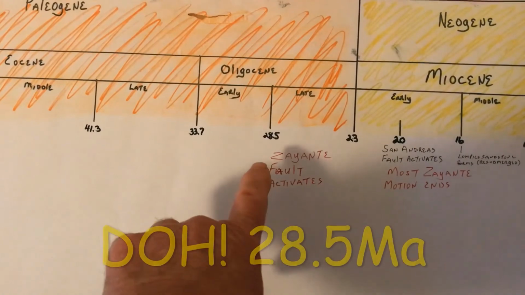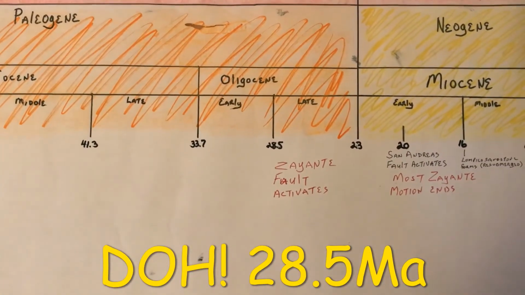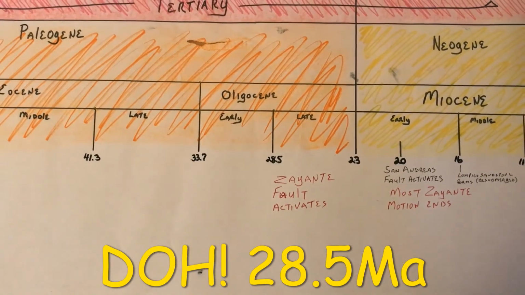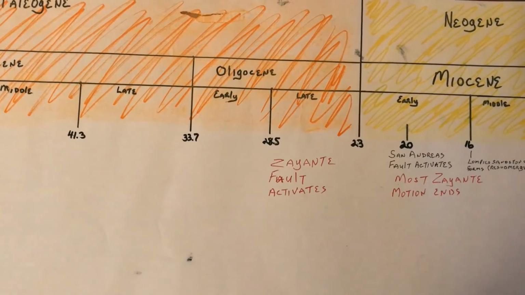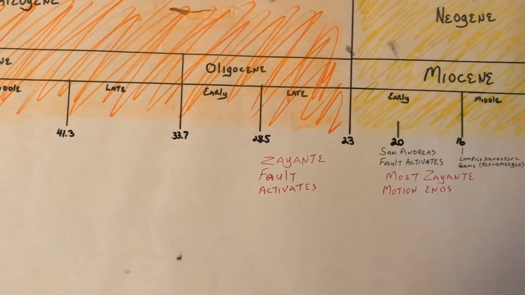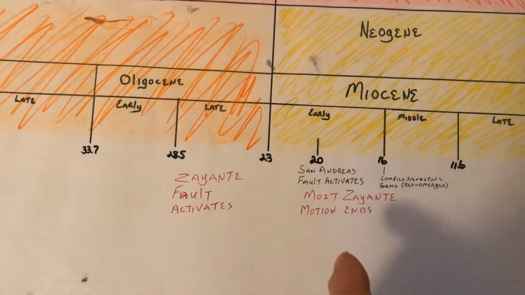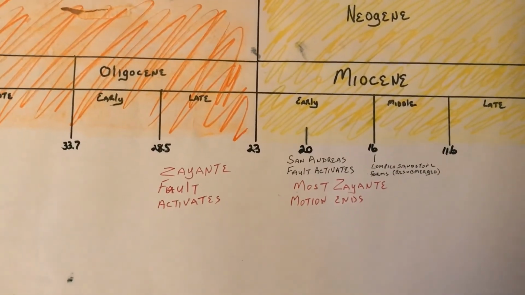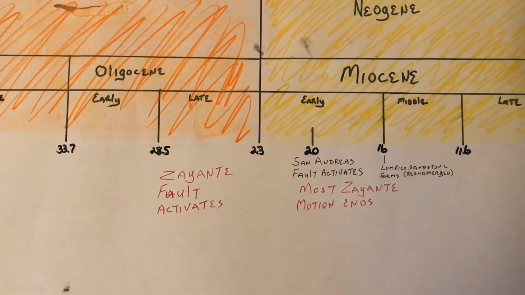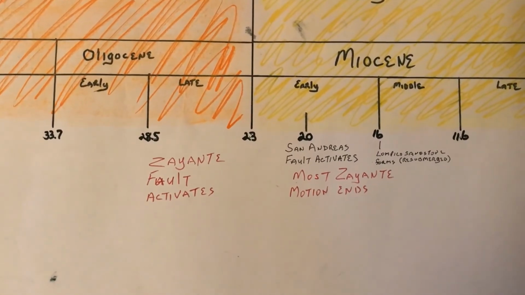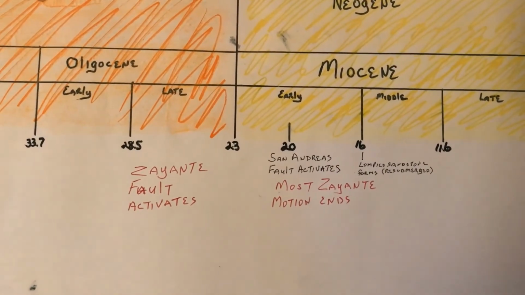here we have 285 million years ago in the late Oligocene, and we have the Zyanti Fault activates. And somewhere in the early Miocene, most of the Zyanti motion ends with the activation of the San Andreas Fault.